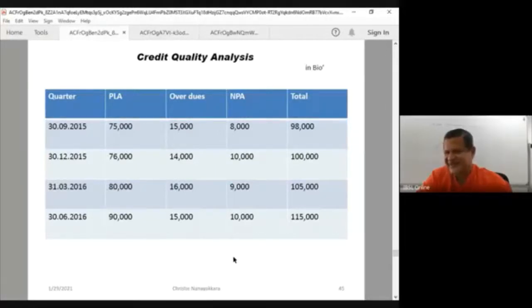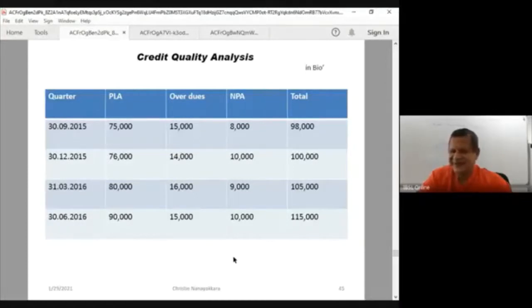Then in the next year, the first quarter, they have increased to 105, that means 5 billion lending has gone in. You can see they have reduced the NPA by 1 billion from December. That's good. But overdues have gone up by 2 billion. So only 4 billion has been added to your performing. Still not very good.